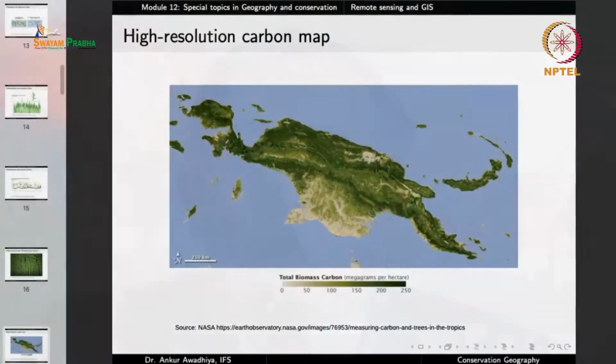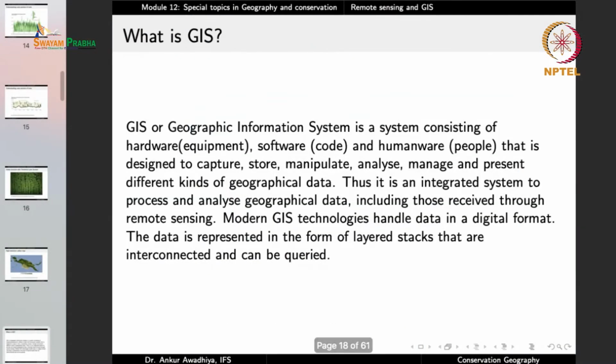So we can compute what is the amount of carbon, and we can use it to say determine what would be the loss of different ecosystems, what would be the loss to the ecosystem services that these forests are providing. And now we have a foolproof method to actually quantify these different values.